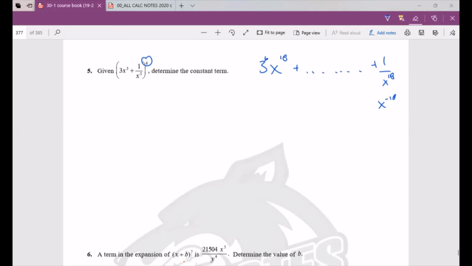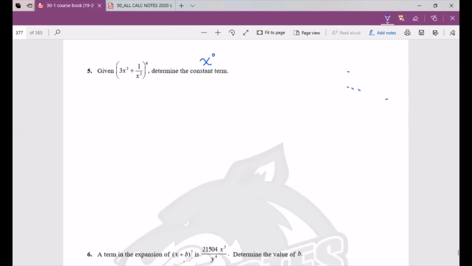Well, somewhere in the middle here, we're going to have a term that is x to the 0. That's what is meant by constant term. And it's going to have some sort of coefficient on it. That's essentially what we're going to be left with. So when it asks for a constant term, that's asking for your x to the 0 term.